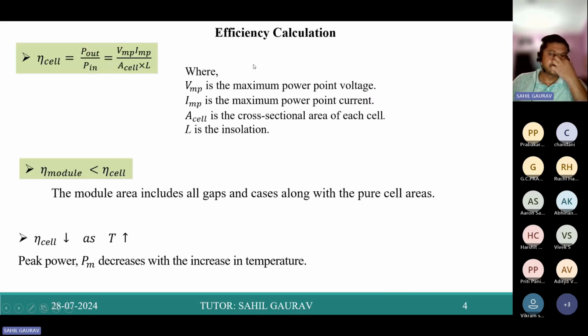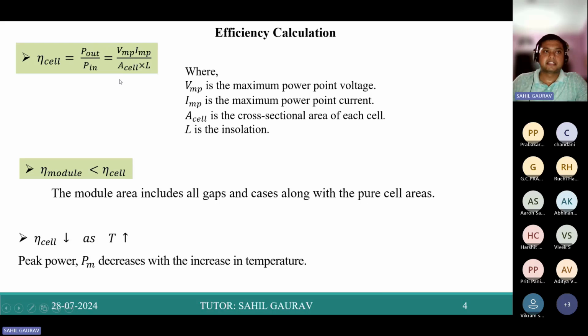Now coming to the efficiency calculation. Efficiency is the output power upon input power. The maximum output power that a solar PV can deliver is at MPP, so it is VMP into IMP.